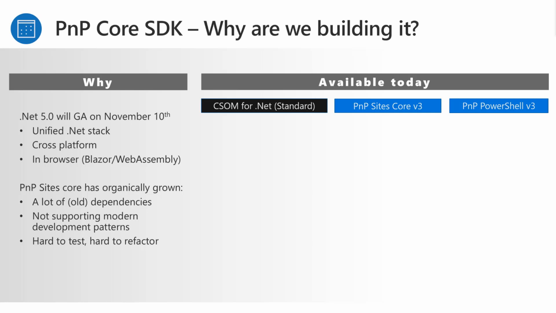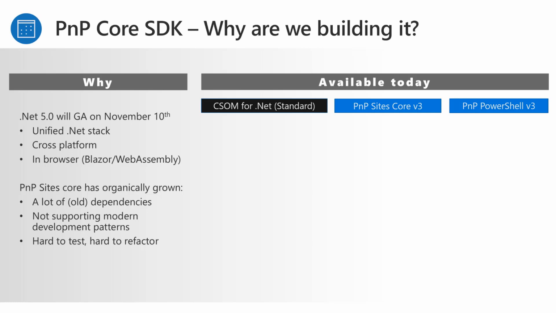PnP Core has a ton of dependencies, so everyone has bumped into those DLL hell issues because we reference a very old DLL and you want something newer, and then you get into conflicts. It's not easy to embed in modern development patterns like dependency injection, for example. It's also quite hard to test and to refactor. The reason is that this has been organically growing over 6 years. There's a ton of good features, but this is hard to maintain.